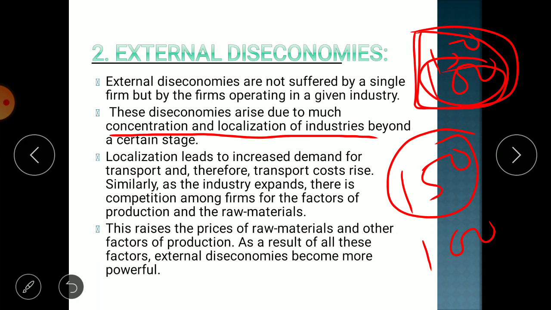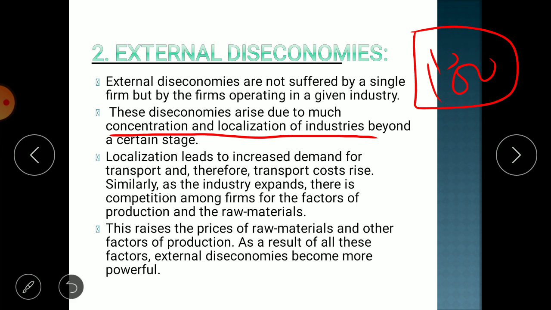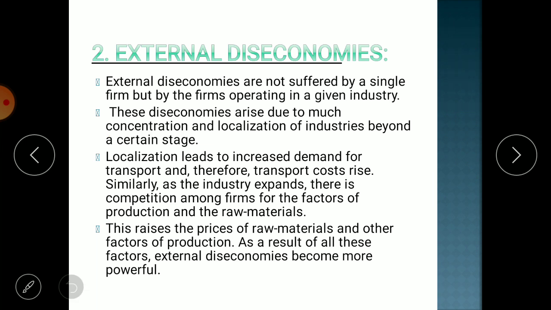Getting it? So this is the reason why external diseconomies arise, because of the much concentration and localization of industries beyond an optimum limit. Here we have seen in our example that 100 is an optimum limit. If more than 100 units are established, then everyone will suffer.